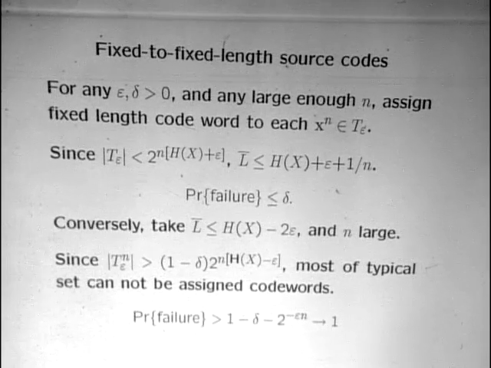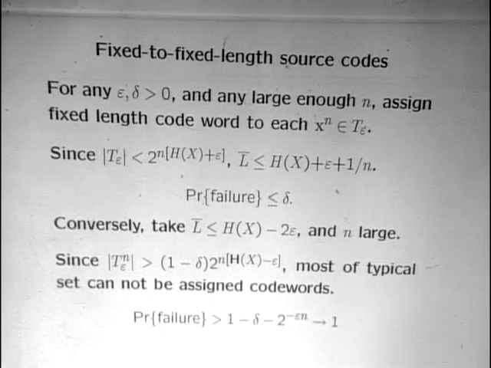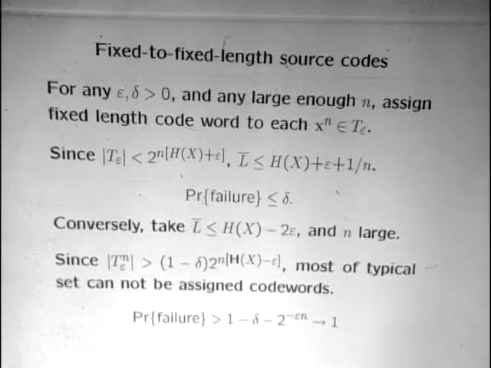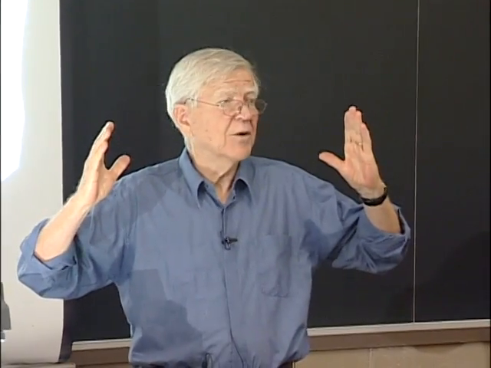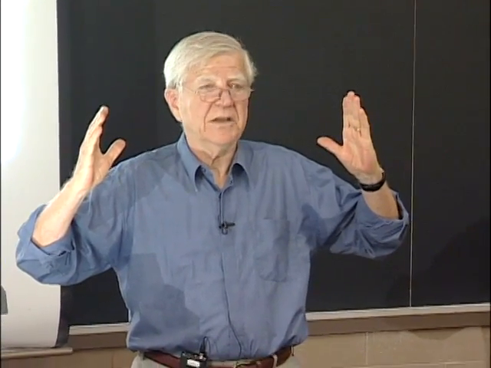And therefore, if we want to choose a block length of n, we've got to generate m to the n code words. Here we say, well, maybe we don't have to provide code words for everything. Maybe we're willing to tolerate a certain small probability that the whole thing fails and falls on its face.